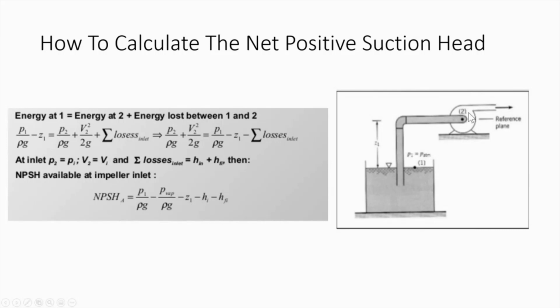Well, it gets lost because of the friction in the pipe, because of the bending. The pipe friction is your major loss, and the bendings are your minor loss. So you subtract these losses, and you'll get whatever energy is available at point 2, or at the outlet of the pump.